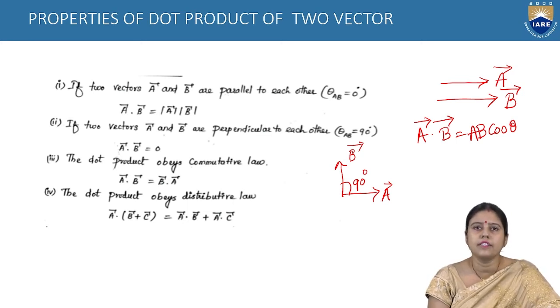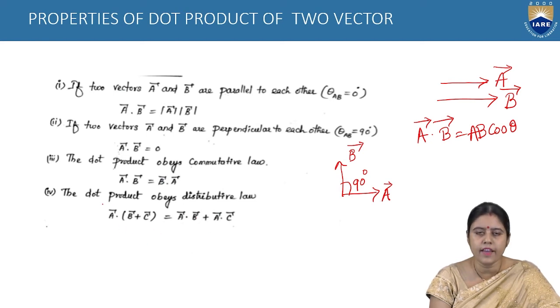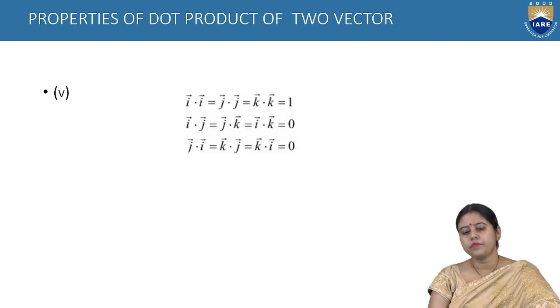And the last point is, it obeys the distributive law. What is the meaning? If we add two vectors B plus C and multiply with another vector A, we can write A dot (B plus C) is equal to A dot B plus A dot C.